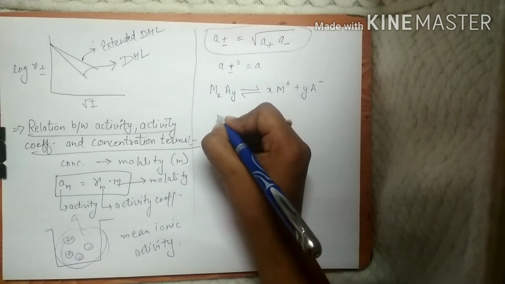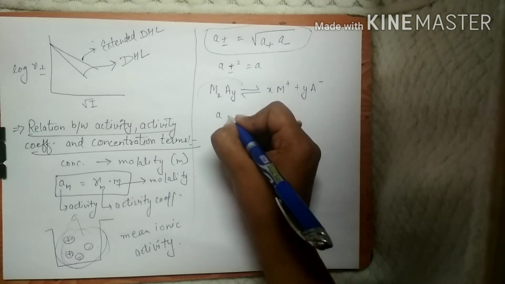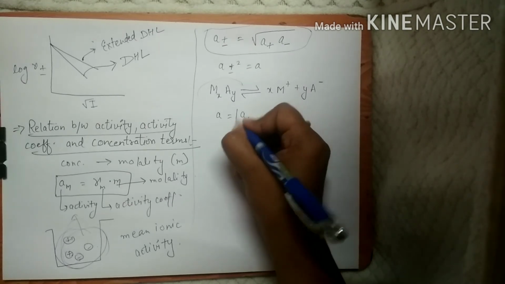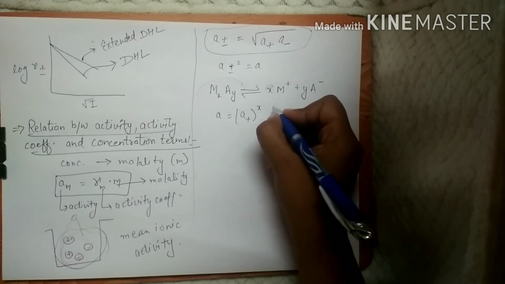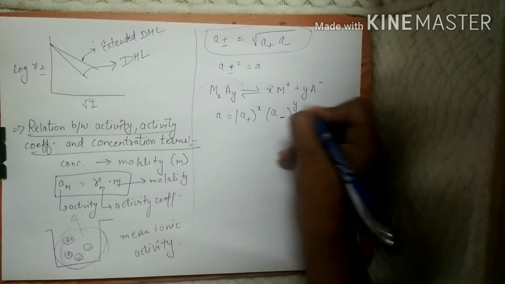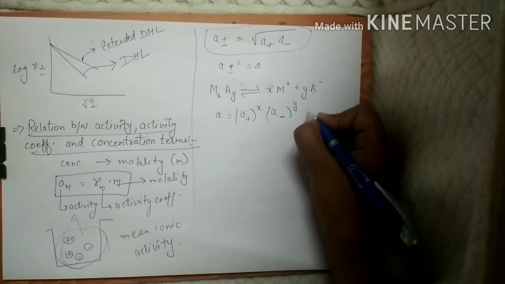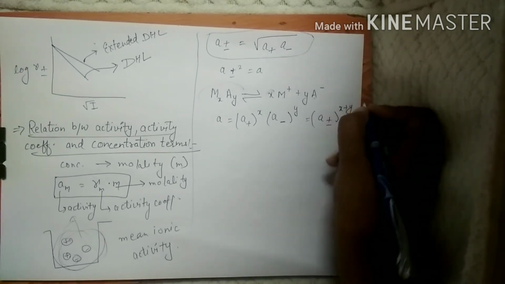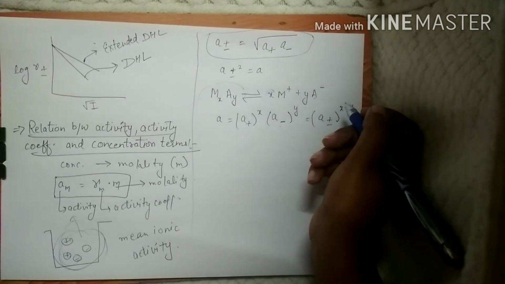So if I want to represent the activity of this electrolyte in a solution, it will be activity of cation to the power x, the stoichiometric coefficient of this cation, and activity of anion to the power y, the stoichiometric coefficient of this anion. Or I can say A plus minus to the power x plus y, because I know the activity coefficients for cation and anion are almost the same.